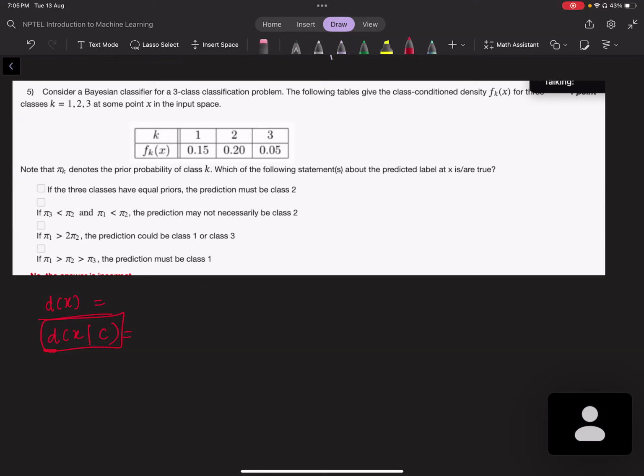At any point, it's the probability of picking a data point x given that the class is 3 is 0.05, given that the class is 2 is 0.2, and so on. Note that pi_k denotes the prior probability of class k. So the question is, which of the following statements about the predicted label at x are true? One or more choices may be correct.